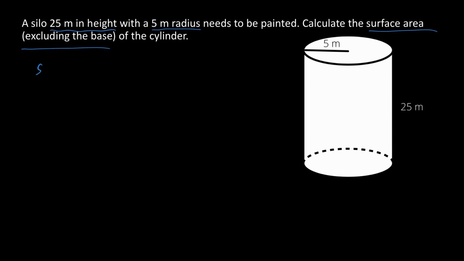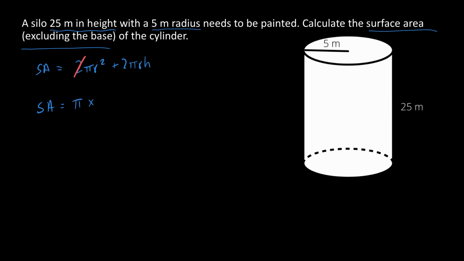Normally the surface area formula would be 2 pi r squared plus 2 pi r h. But this time, we don't have two circles. We've only got the top one, so I'm going to cross that 2 out, to get my surface area.